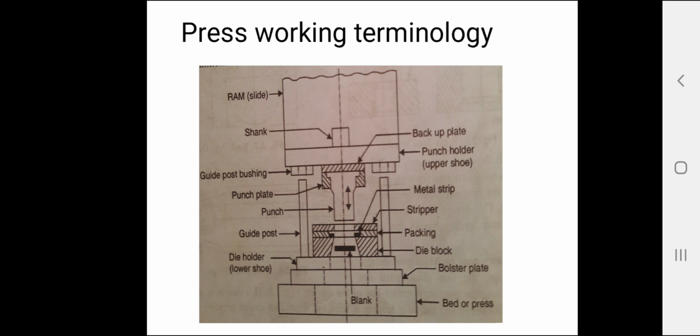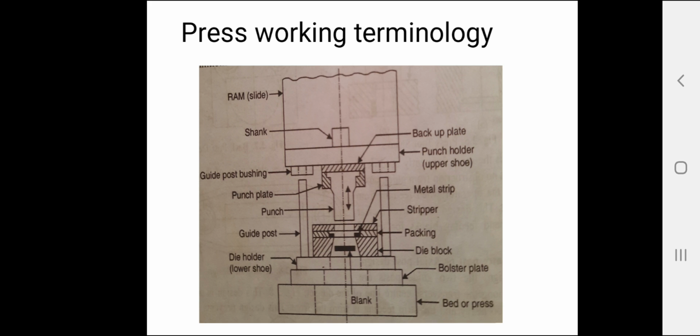So this is about the working terminology of press. Let us discuss how cutting dies work. As is clear in the figure, the punch holder, that is the upper shoe, is fastened directly to the ram of the punch press and the die shoe is fastened to the bolster plate of the press.